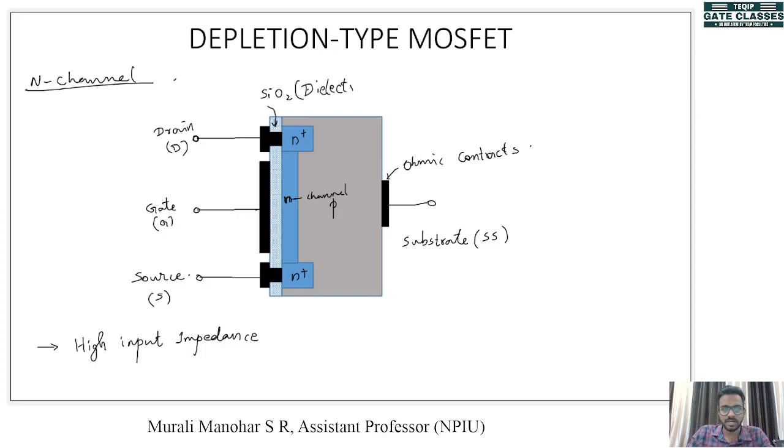Silicon dioxide is a dielectric or an insulator. So this gate and the device, that is the N channel, is isolated, and that is why we have a high input impedance for this MOSFET. Okay. Now let's see how it operates.